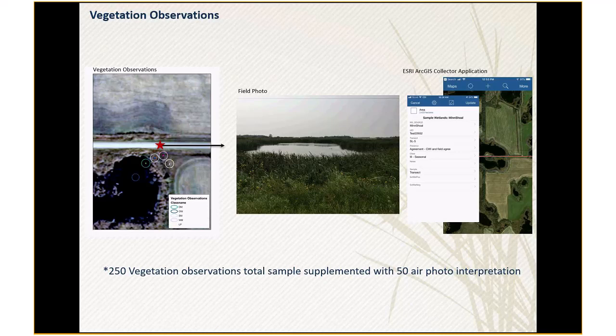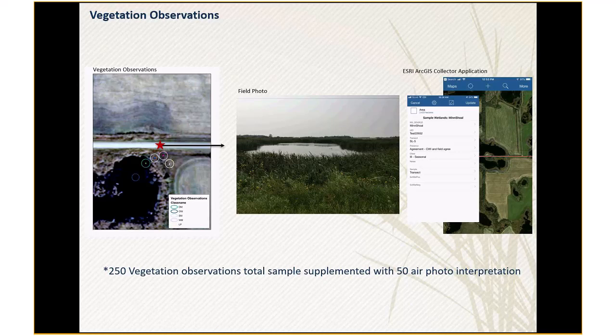The other part of this is training the classifier to separate out the wetland vegetation communities in conjunction with our roadside transects, primarily on Crown and DU properties, and some where we had opportunities along the road.